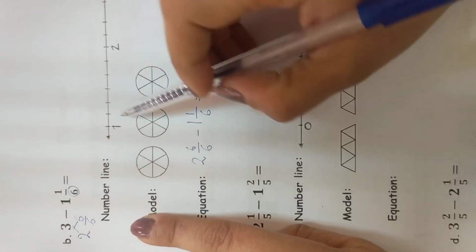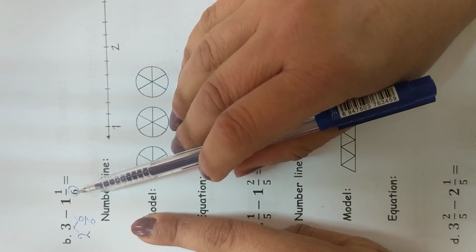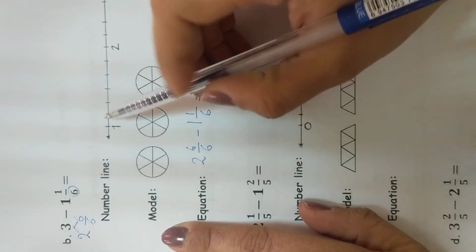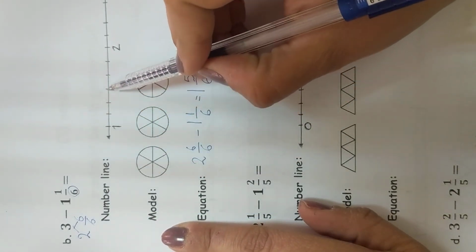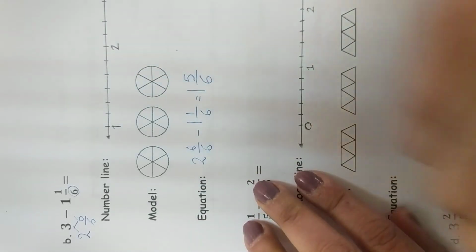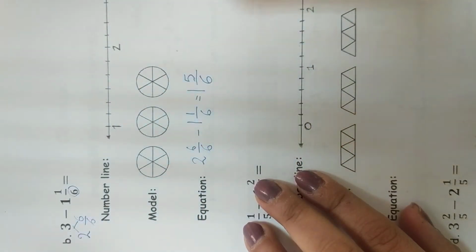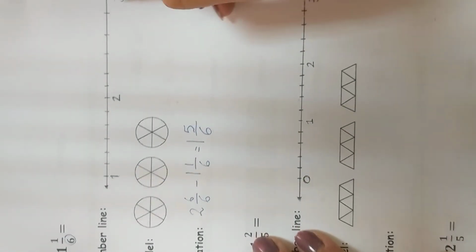Okay, let's go to the number line. I will check first. The small parts have to be divided into 6 equal parts. 1, 2, 3, 4, 5, 6. Okay, I can draw now. Now I have 3, so I will go to number 3, the whole number.